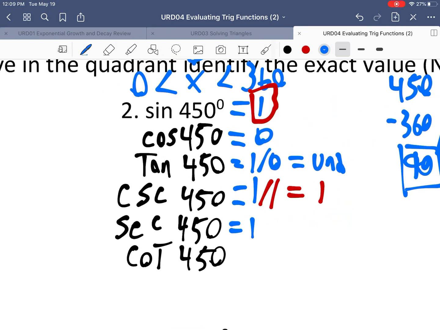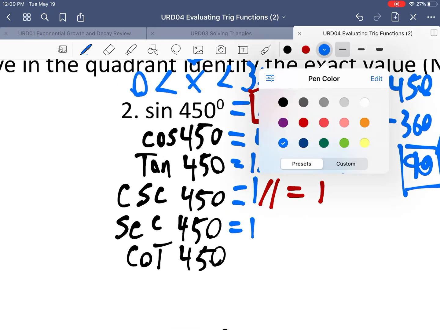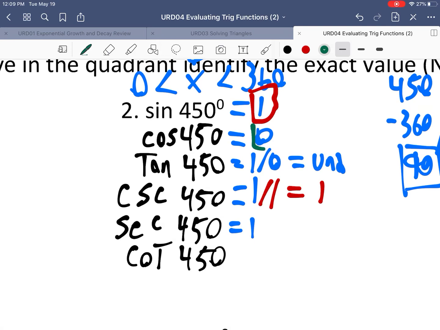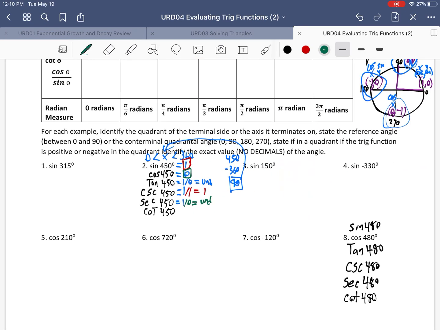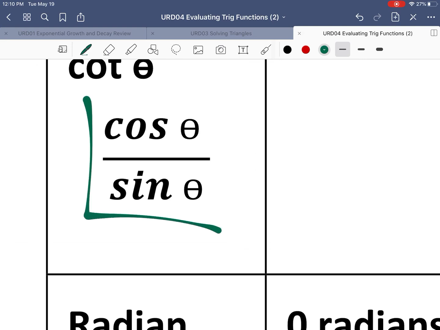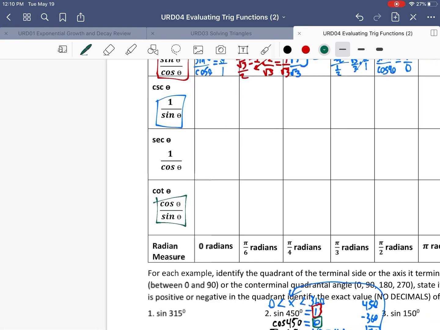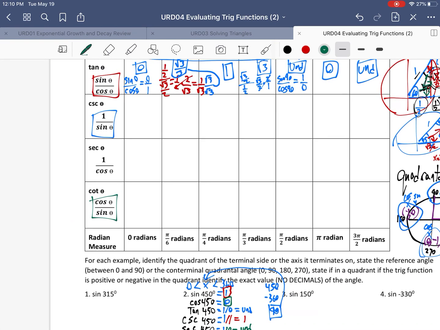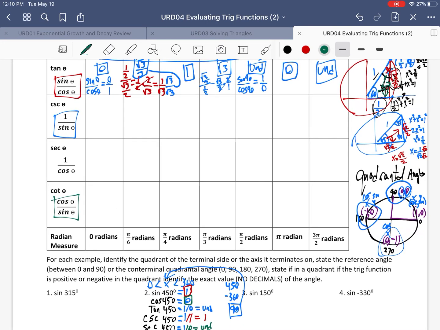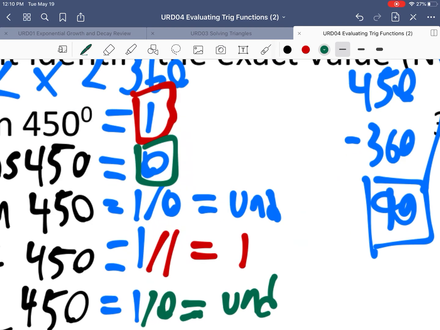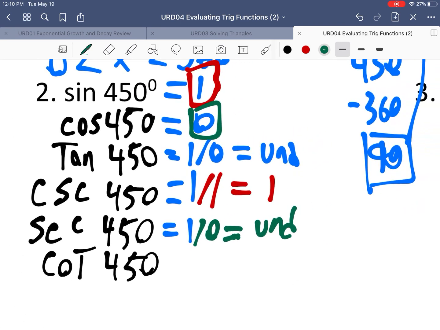The secant of 450 is going to be 1 divided by the cosine of 450, so that's 0 in this case, which is going to be undefined. And the cotangent of 450, there's a couple ways to look at it. I'd recommend looking at it this way. Just like tangent is sine over cosine, cotangent, because it's the reciprocal of tangent, is going to be cosine divided by sine.